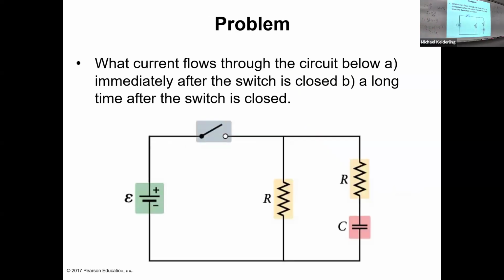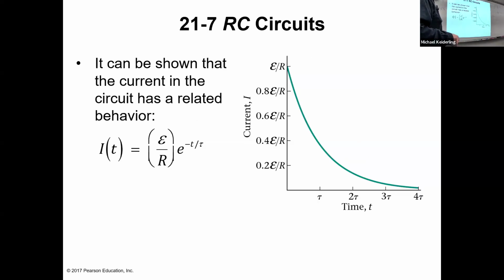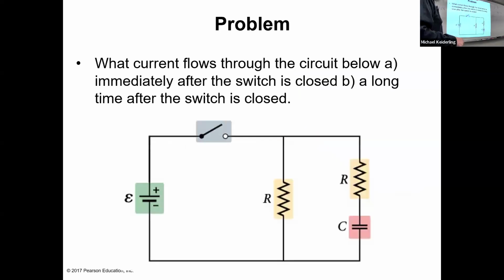So here, for example, this is just to sort of think about the circuit. What current will flow through the circuit immediately after the switch is closed, when the capacitor is going to have maximum current flowing through it?